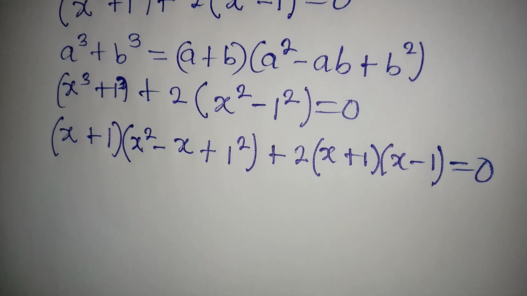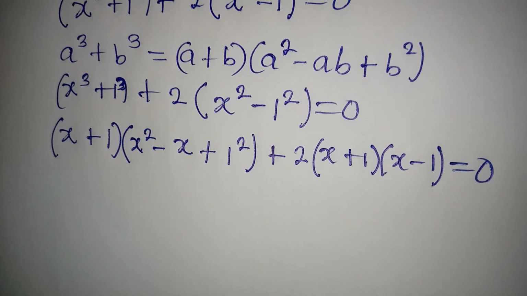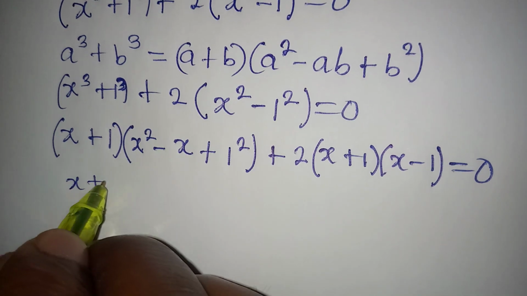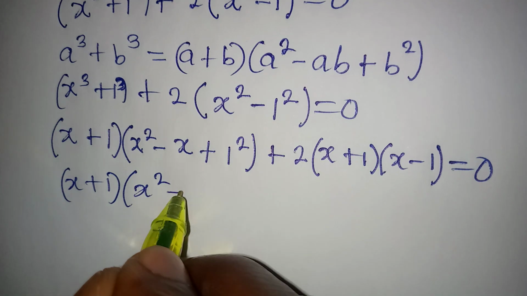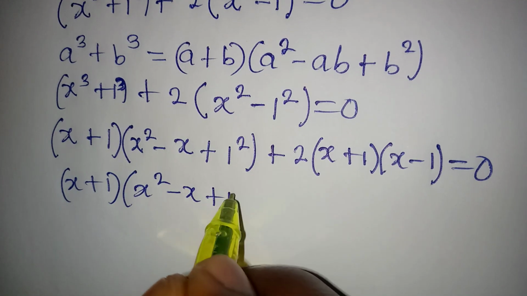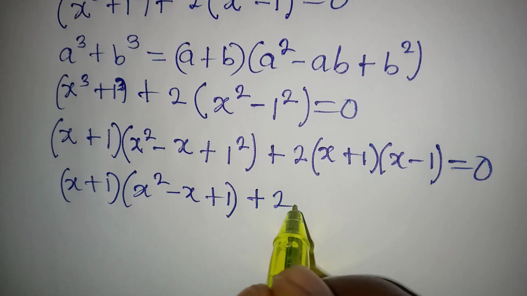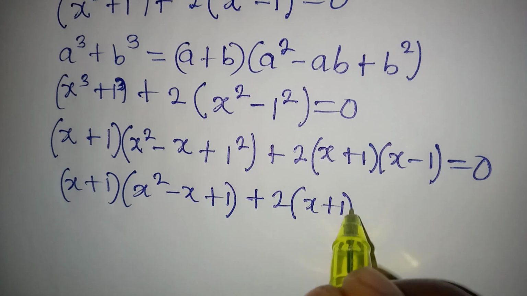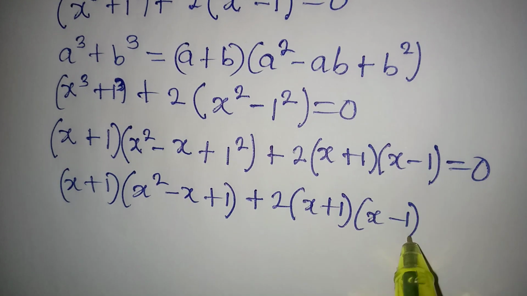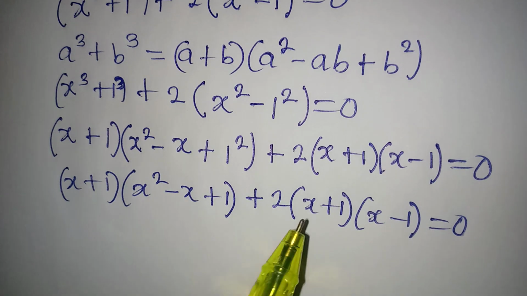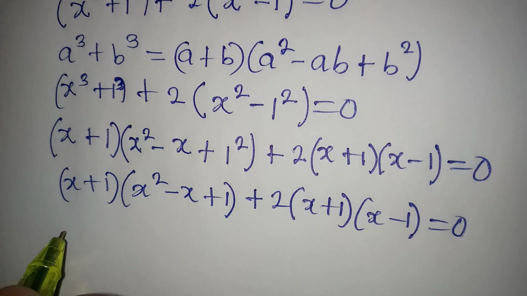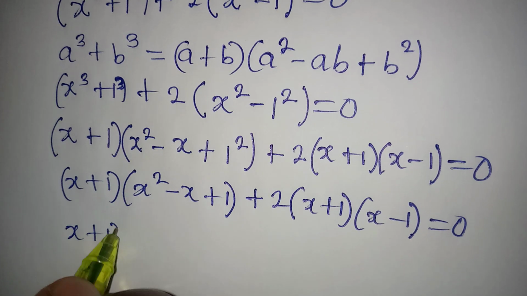Okay, so to deal with this, we are going, okay, let me take another step. x plus 1 is here. Then here we have x squared minus x plus 1. Then plus 2 into x plus 1, x minus 1 equals 0. Now we have x plus 1, x plus 1. So we can factor out our x plus 1.